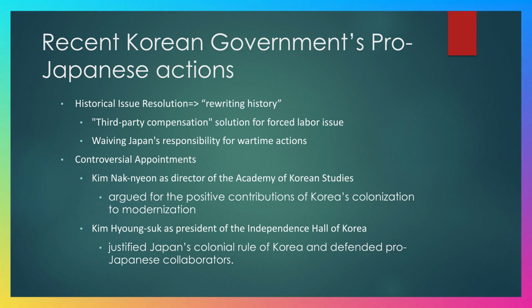And recently this government appointed the head of the Academy of Korean Studies, a scholar called Kim Na-gyun, right? He wrote a lot of academic pieces like Ramseyer's article, and argues that Japanese colonization helped Korea become modernized, right?